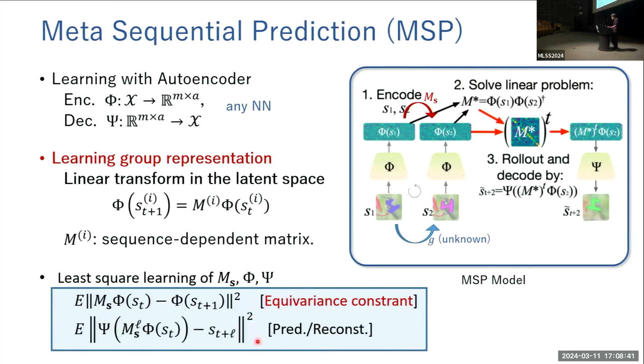And the second objective function is prediction or reconstruction ability. After taking the latent and applying the matrix, we then take the decoder, and that gives the original signal or the future value of the original sequence.